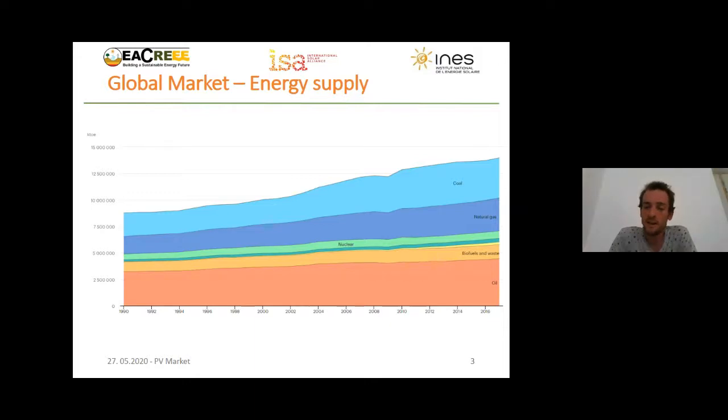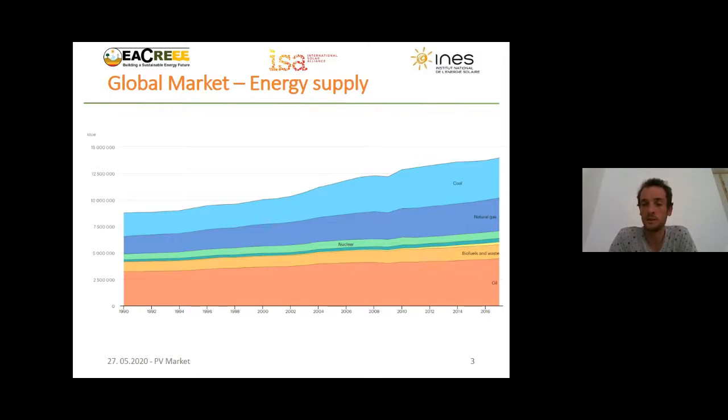There are many interesting facts that we can look at on this curve. First one, as I just mentioned, the majority of our global energy supply today is provided by fossil fuels. So the global energy supply, I would say, has two main carbon issues.